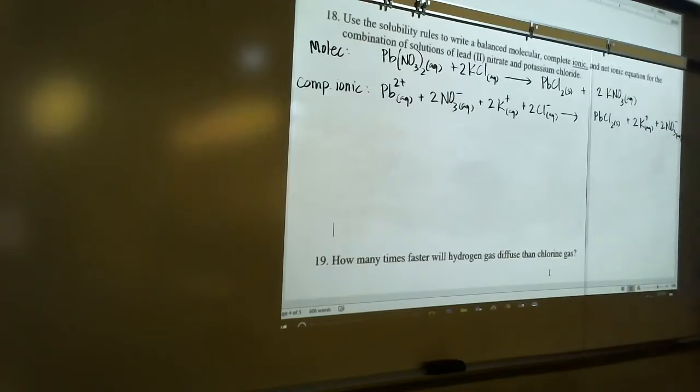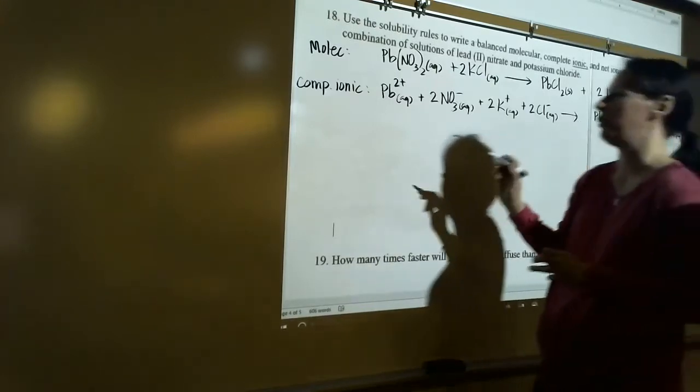Is it correct to omit those charges? Would you get full credit? No, because potassium metal and potassium ion are not the same thing, not even close. Violently reacting with water versus soluble in water, see?